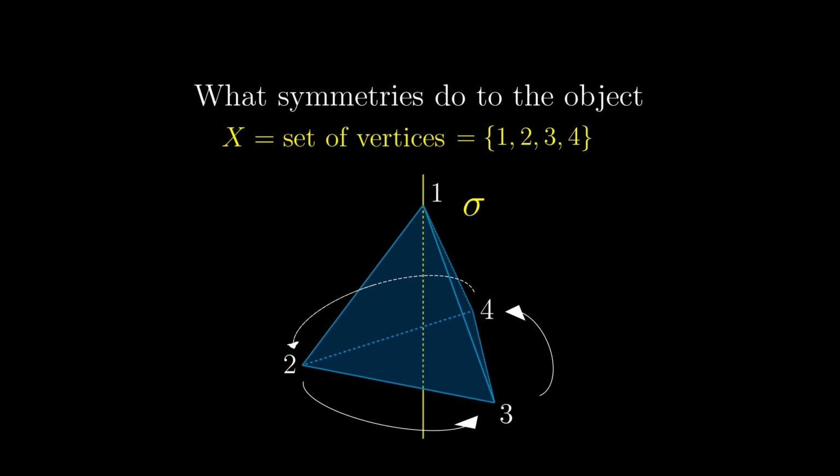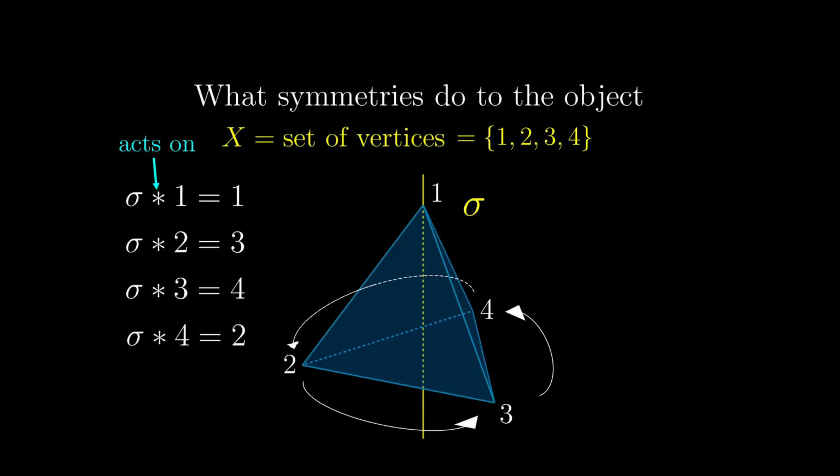So if we now denote this rotation as sigma, then we say that sigma star 1 equals 1. Here, the star simply means acting on. It is not a multiplication in the traditional sense. Similarly, sigma acts on vertex 2 to give vertex 3, and so on.